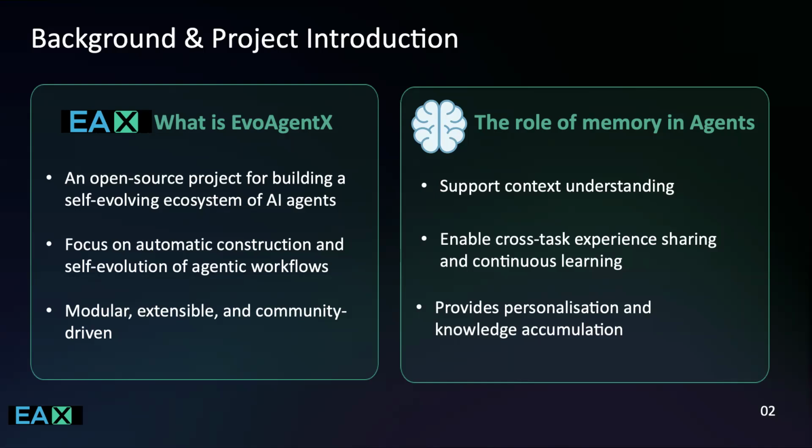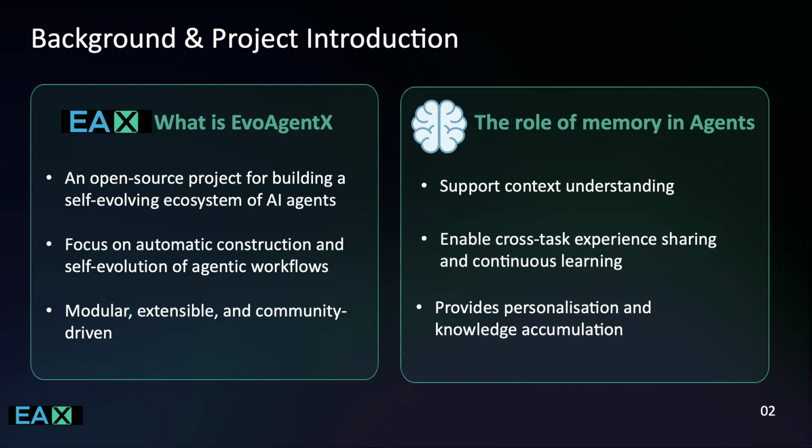The second importance of the memory is that it also enables cross-task experience sharing and continuous learning. This means that if you have this kind of memory, then maybe you can use the experience from your previous task in the current task, so you can generate better performance.